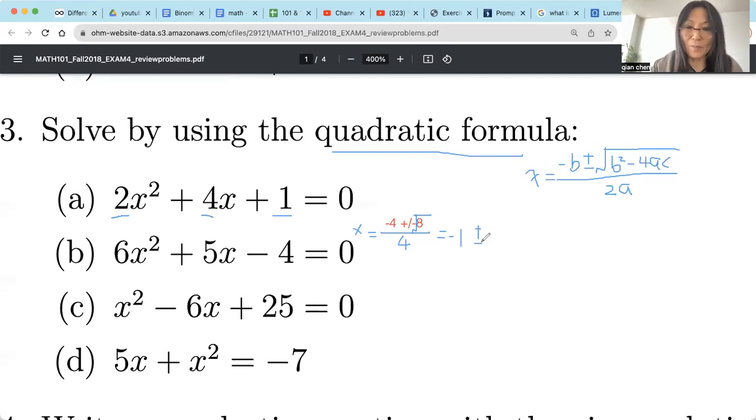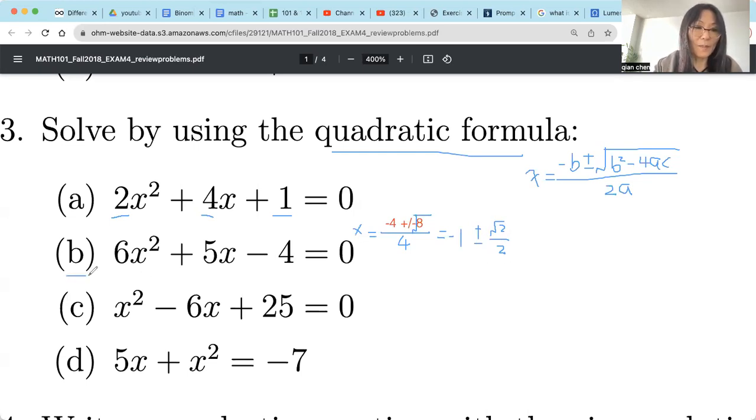Remember, the square root of 8 can be simplified as 2 radical 2. So that simplifies to radical 2 divided by 2. Right? 2 radical 2 divided by 4 is radical 2 divided by 2. So A has two irrational solutions: negative 1 plus square root 2 over 2, and negative 1 minus square root 2 over 2.